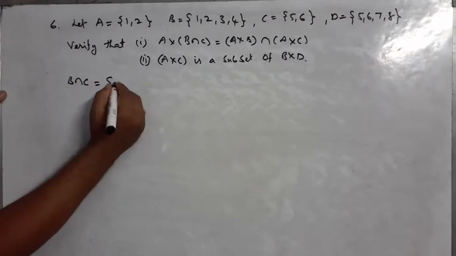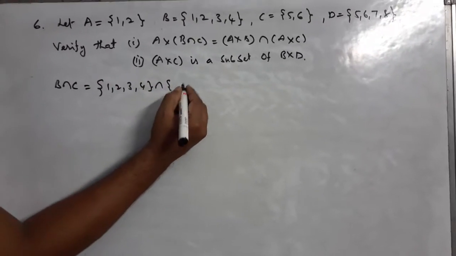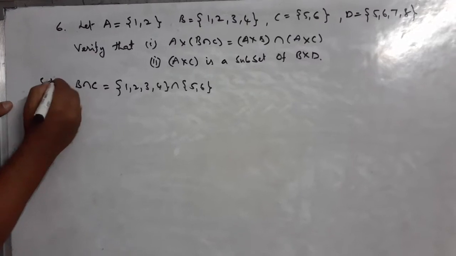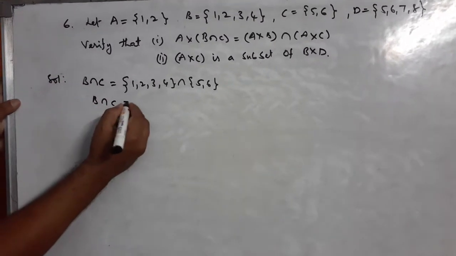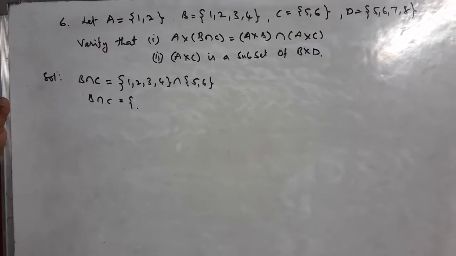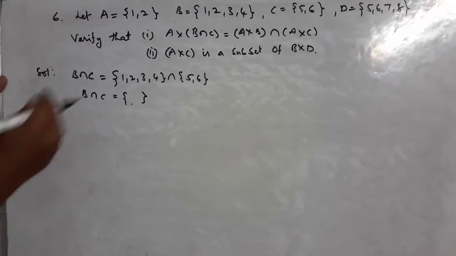B is 1 comma 2 comma 3 comma 4, intersection C, C is 5 comma 6. So what is the intersection? There is no common element, so it is the empty set.